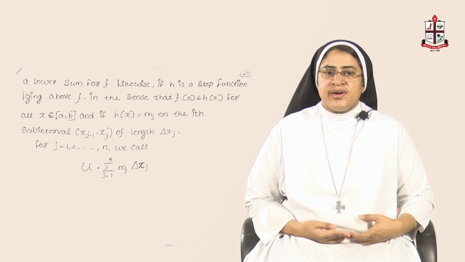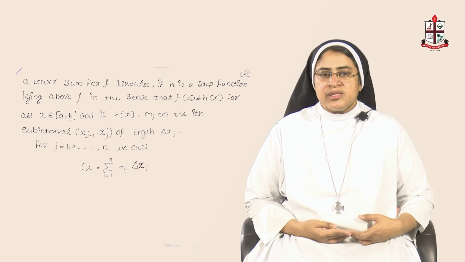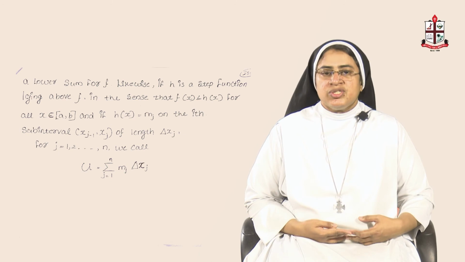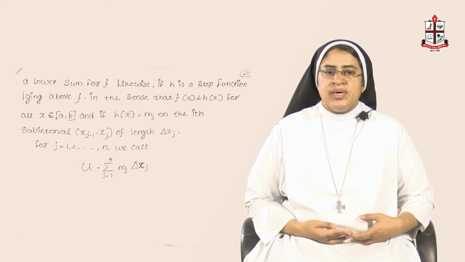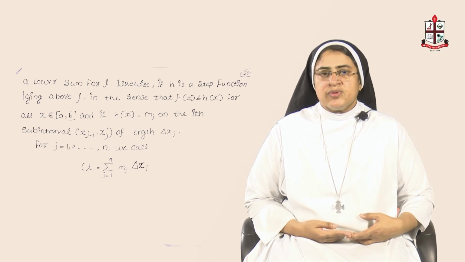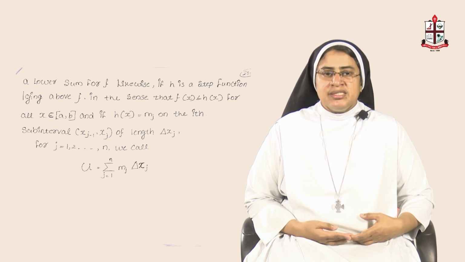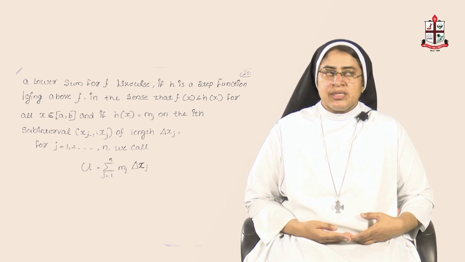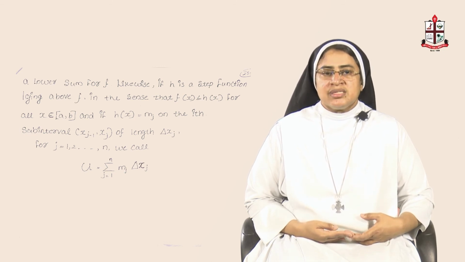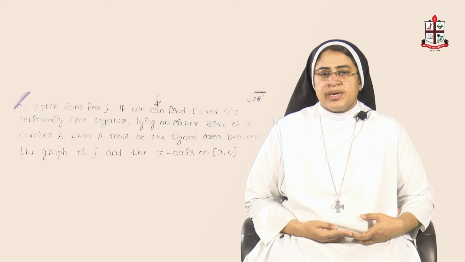Likewise, if h is a step function lying above f, in the sense that f of x is less than or equal to h of x for all x in the closed interval [a, b], and h of x equals m_j on the jth subinterval [x_{j-1}, x_j] of length delta x_j, j equals 1 to n, we call U, equal to the sum, j equals 1 to n, of m_j delta x_j, the upper sum for f.